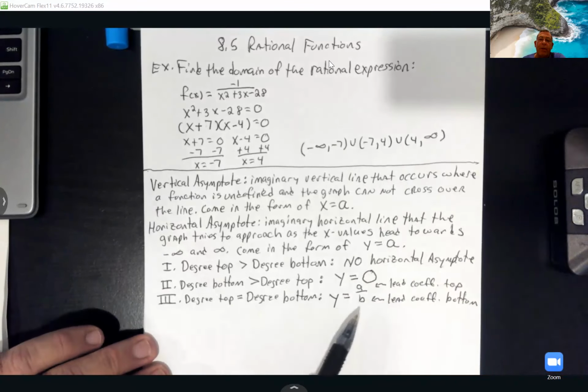So if they're both, say, x to the third, I'm going to look at what numbers are in front to determine what my horizontal asymptote is going to do.